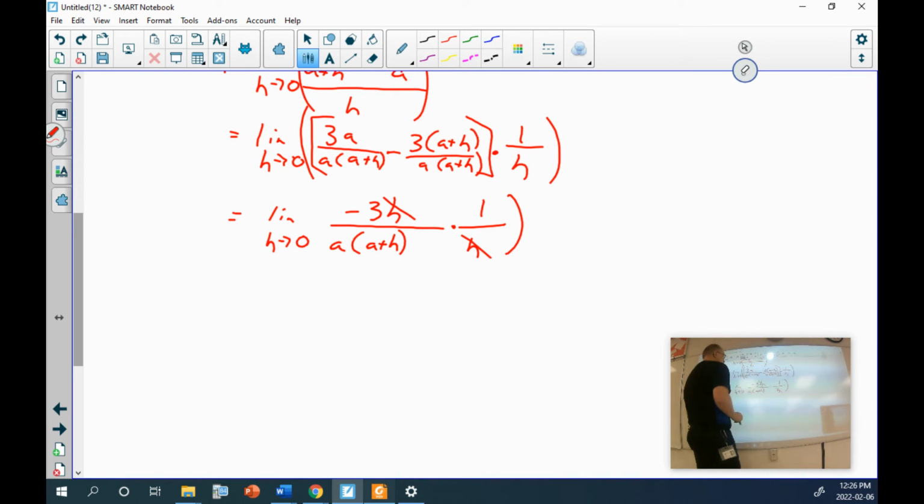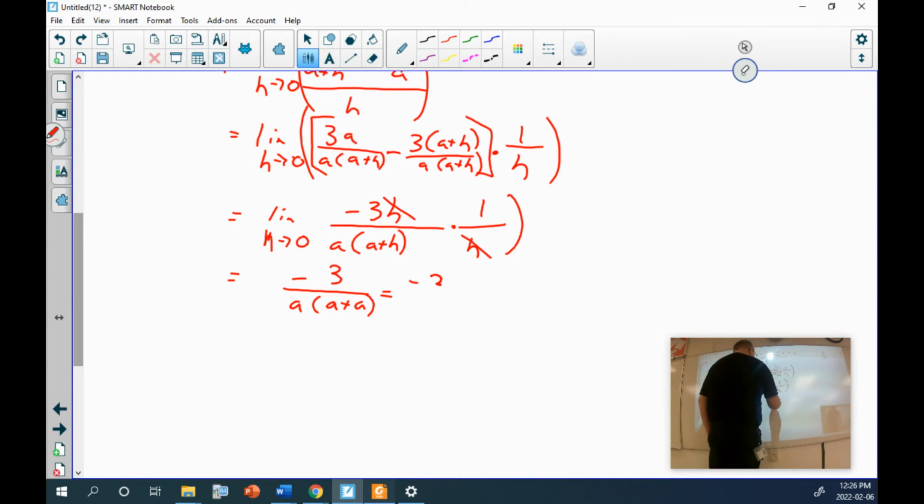Those guys will cross off. Now, if I plug in h equal to 0, I'm going to drop the limit now. I have -3 over a plus 0, -3 over a times a, -3 over a squared.